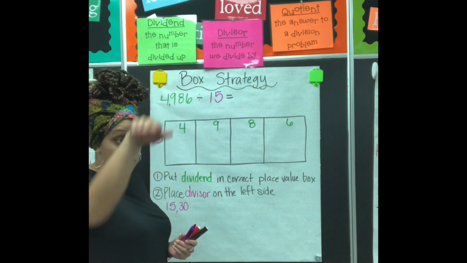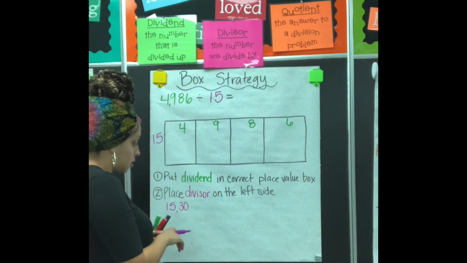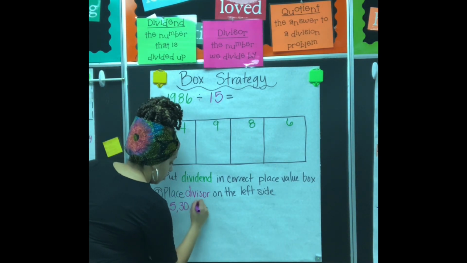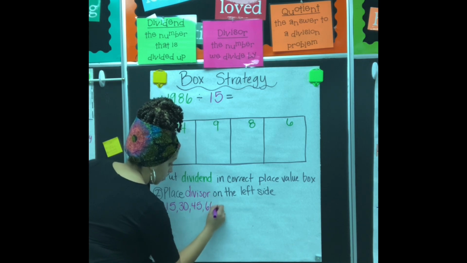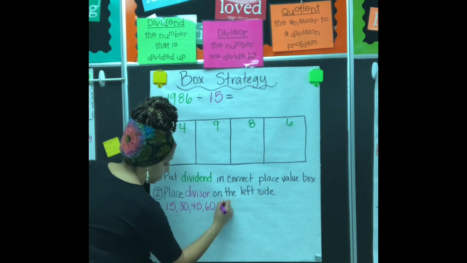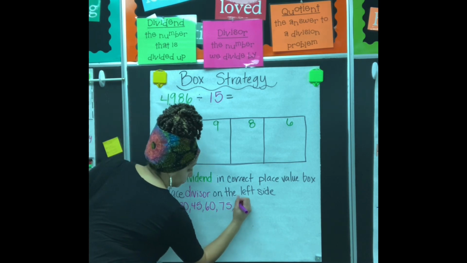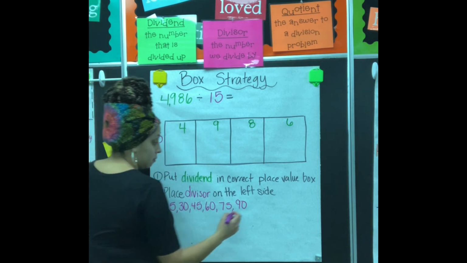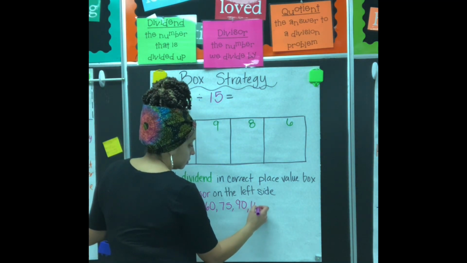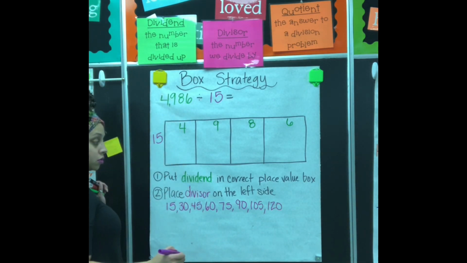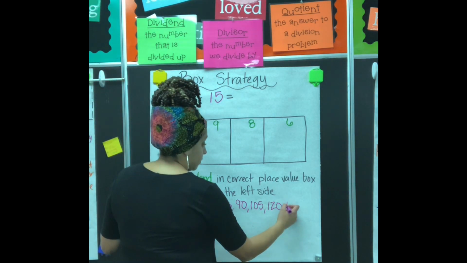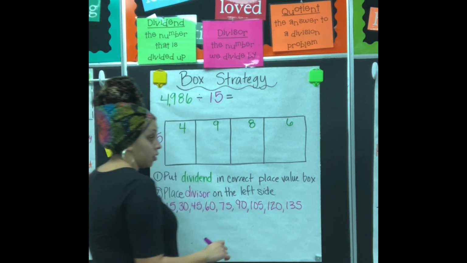So if there's 15, 30, what would be next? 45, 60, 75, 90, 105, 120, 135.